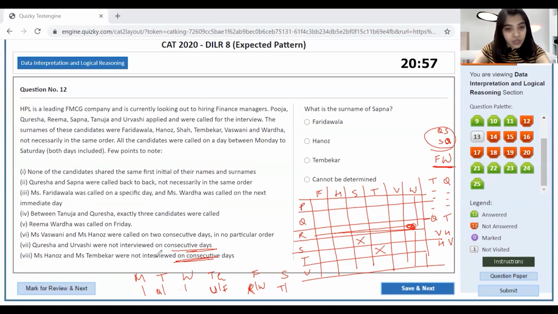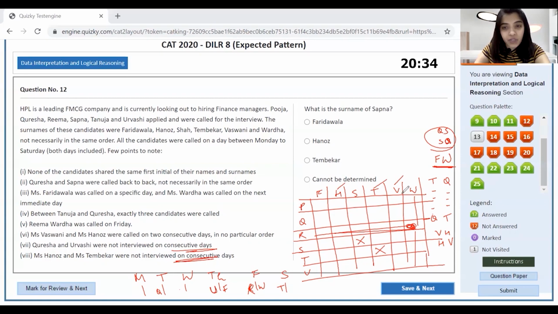Hanoz and Tembekar were not interviewed on consecutive days. This is not Tembekar, we know for sure. Then let's see, what do we have? Hanoz and Tembekar were not interviewed on consecutive days. So what three surnames do we have here? We have Hanoz, and we have Tembekar, because T cannot be here.